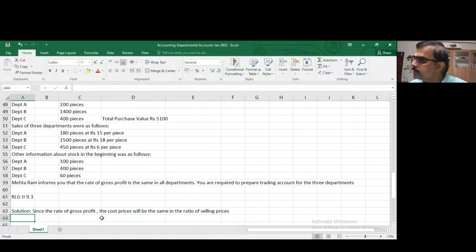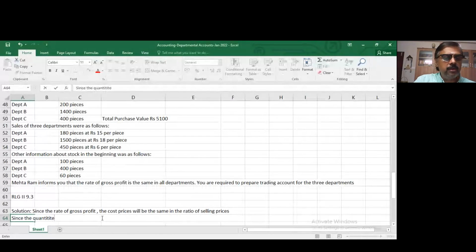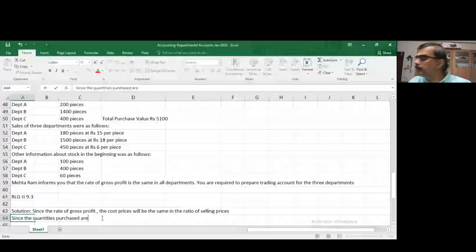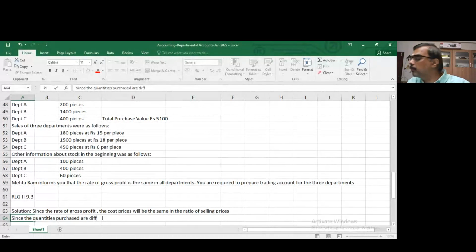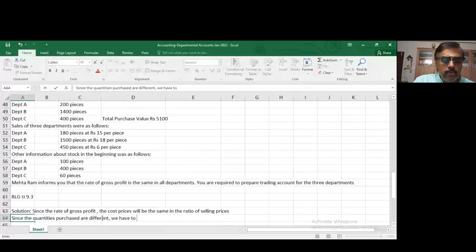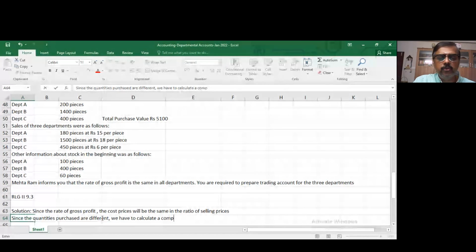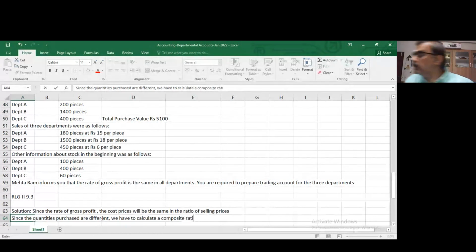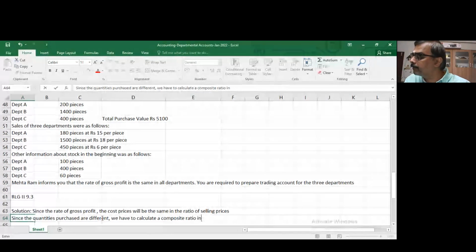Since the quantities purchased are different, we have to calculate a composite ratio. This is more of a mathematical approach. We have to calculate a composite ratio in order to determine the cost of purchases, the purchase cost.